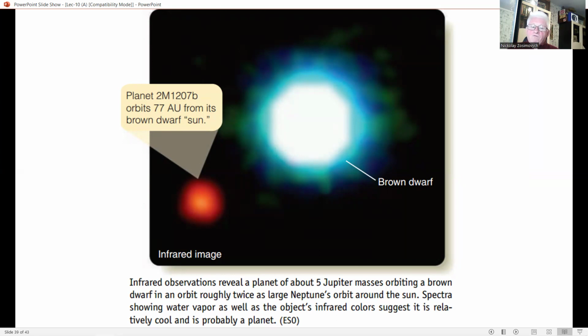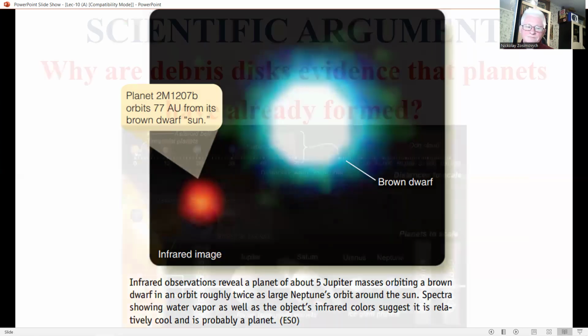The discovery of extrasolar planets gives astronomers added confidence in the solar nebula theory. The theory predicts that planets are common, and astronomers are finding them orbiting many stars.